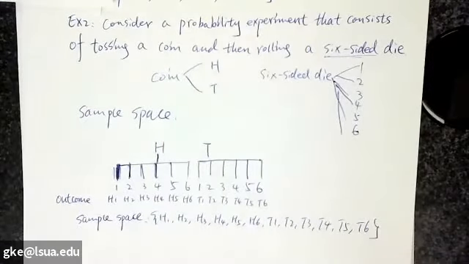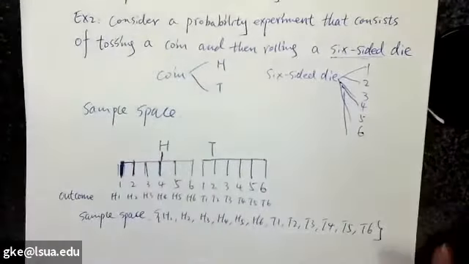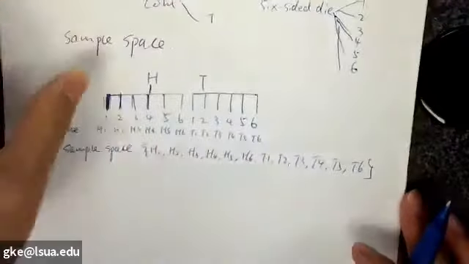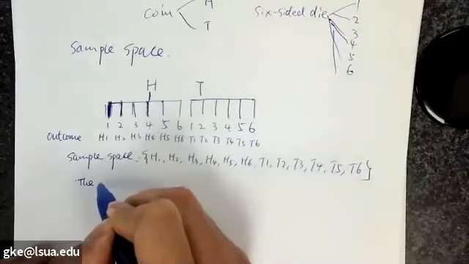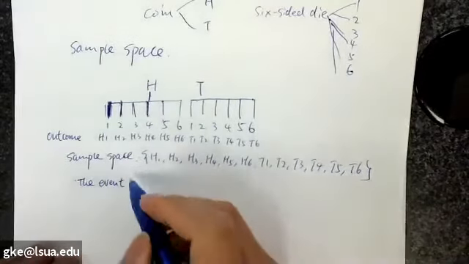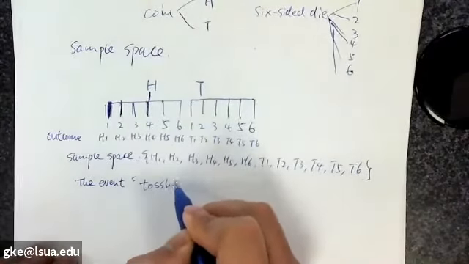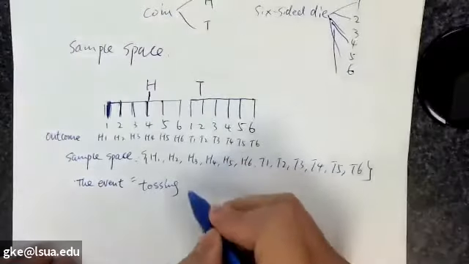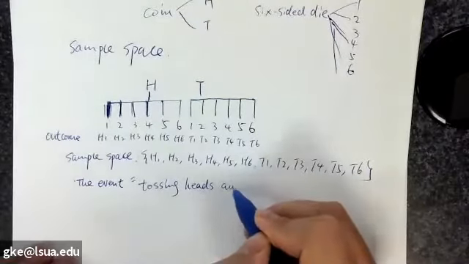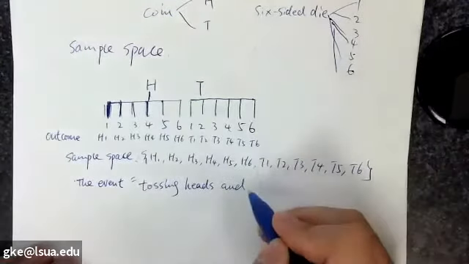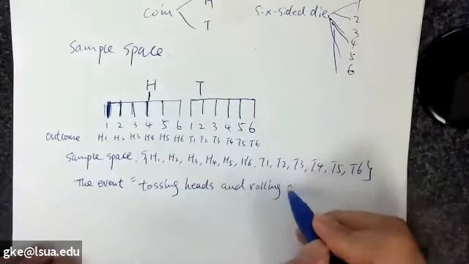Sample space. Now, event. The event: tossing heads and rolling a 3.